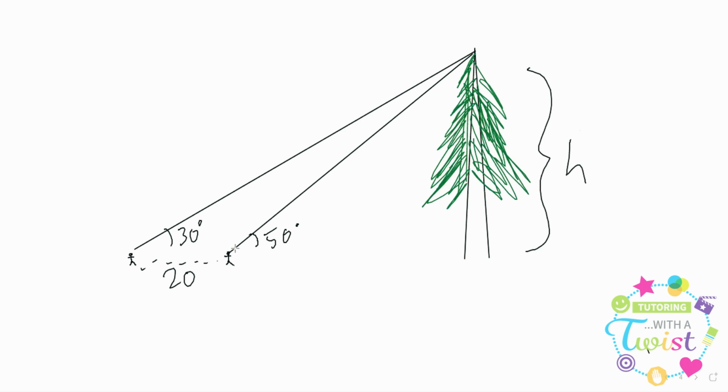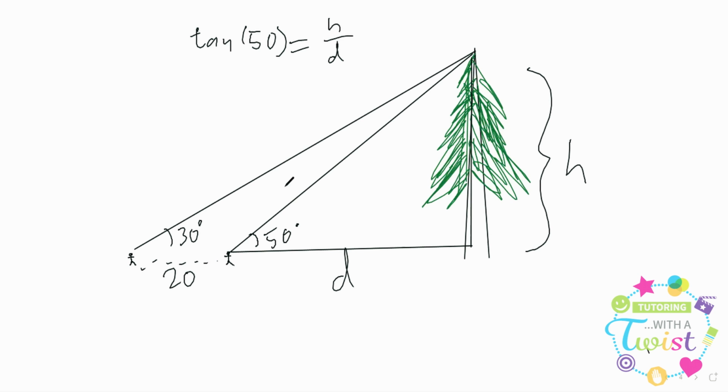Well, one thing we might do is construct a right triangle just like that. We've got h there as an unknown, and d, distance, is an unknown. But we can set up the tangent, sort of figure out the ratio. So we know that tangent of 50 is equal to opposite over adjacent, remember? So that's going to be equal to height over whatever that distance was.